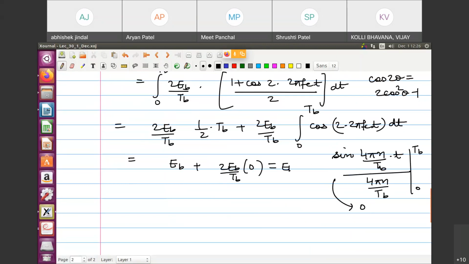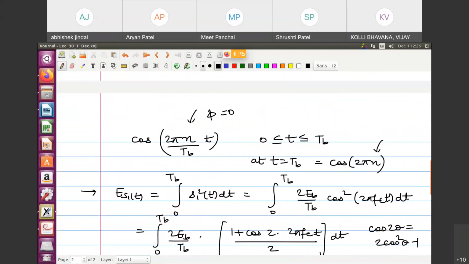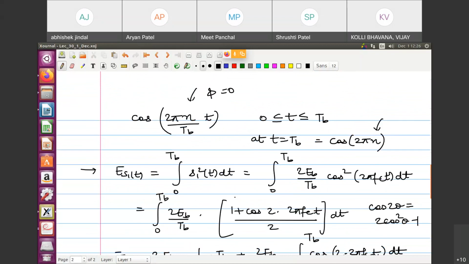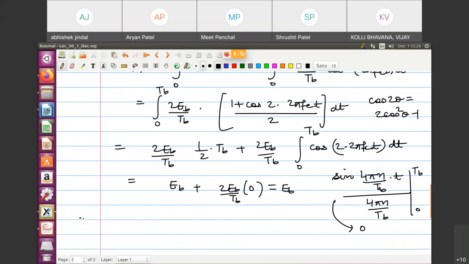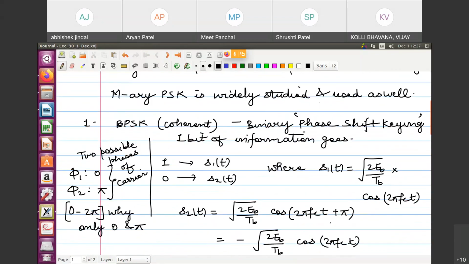Now you will understand why we used the scaling factor of root of twice of EB by TB. This way we have ensured that the energy of the waveform remains EB, and so E of S2(t) will also be equal to E of S1(t) because they differ only with a minus sign, which is equal to EB.